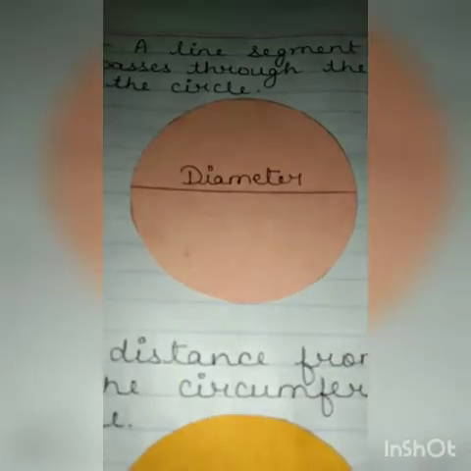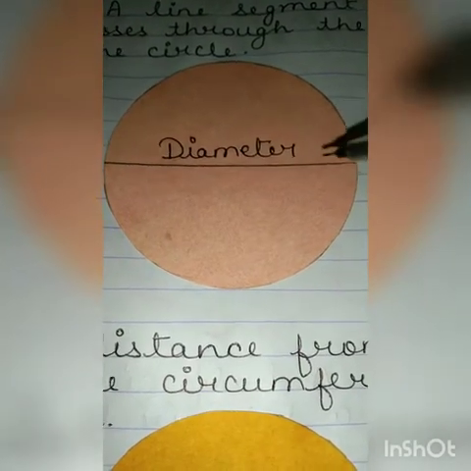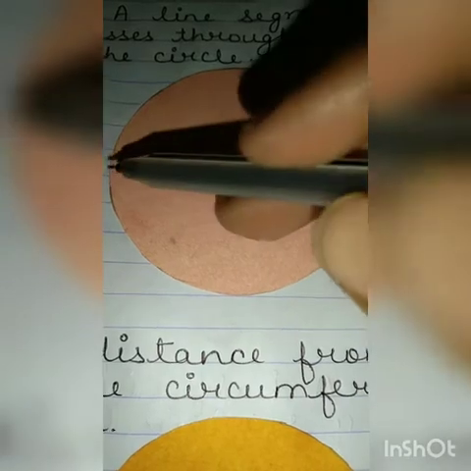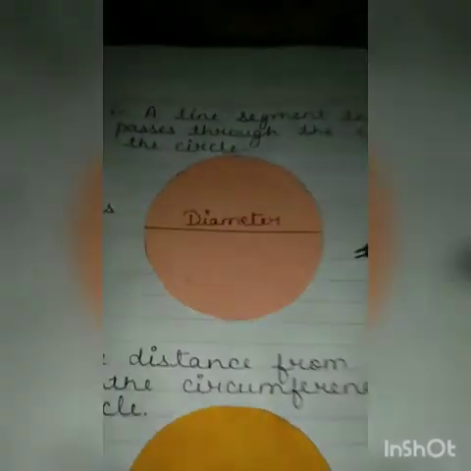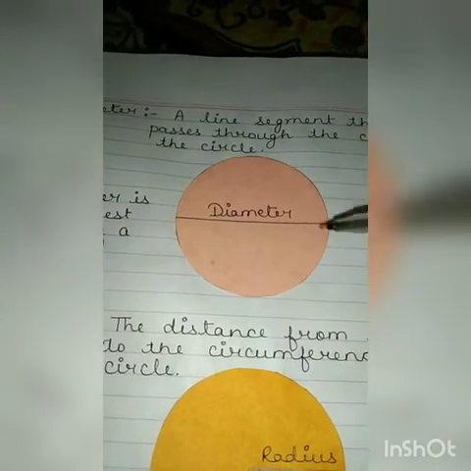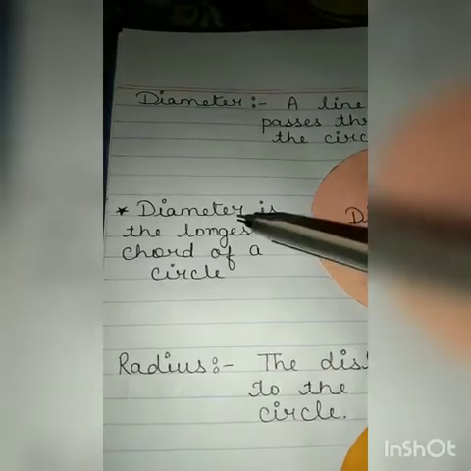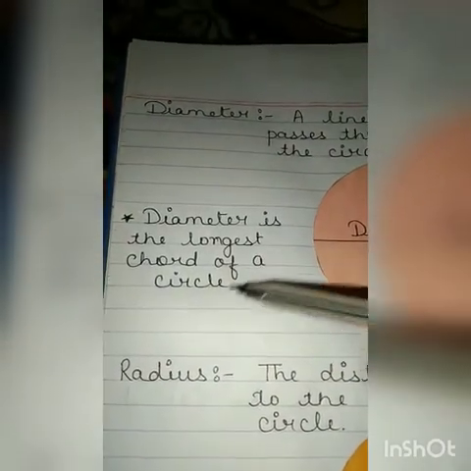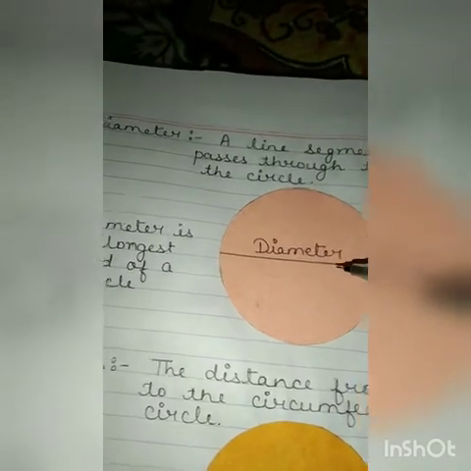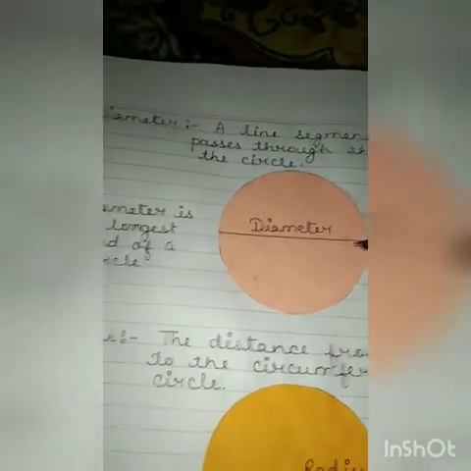You can see this line is passing through the center, and this is joining two points of the circumference. So this is called diameter, and the important point is that diameter is the longest chord of a circle. Clear? This diameter is the longest chord of the circle.